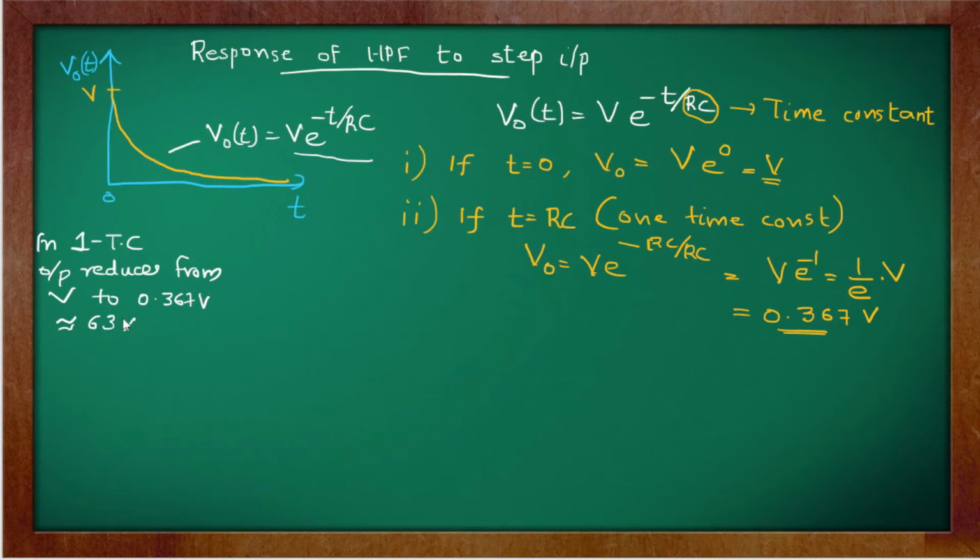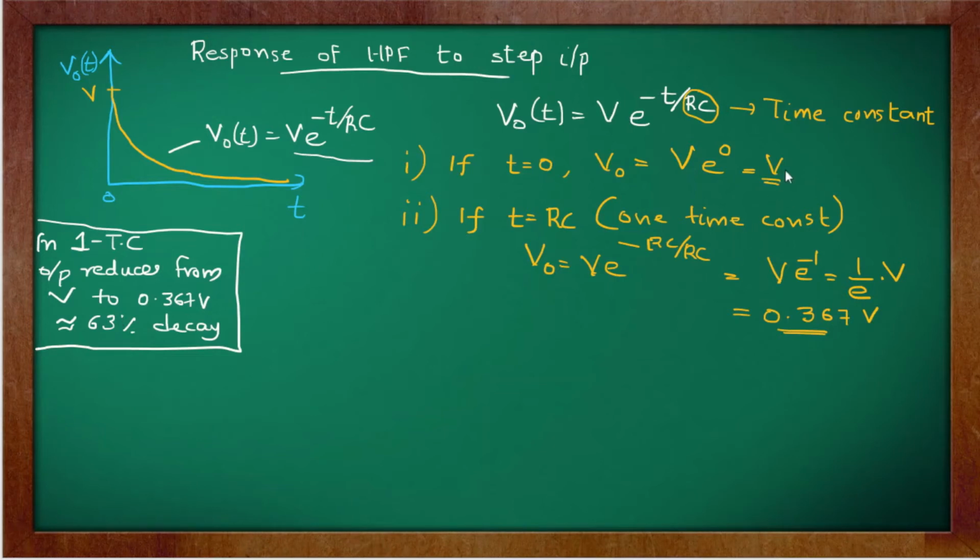So 0.37 means it reduces 63%. That means approximately 63% decay happened in one time constant.